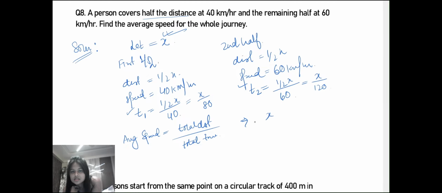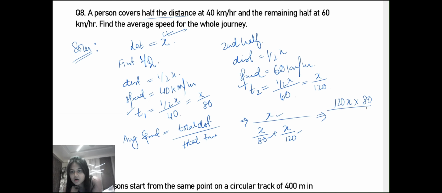So this implies x divided by x by 80 plus x by 120, which results in 120x into 80.